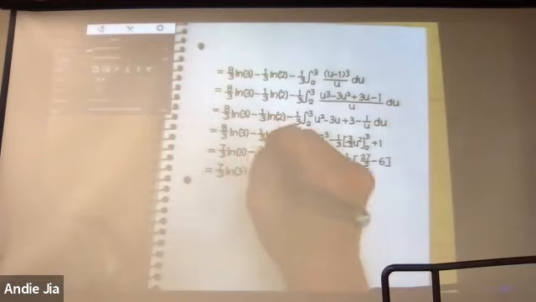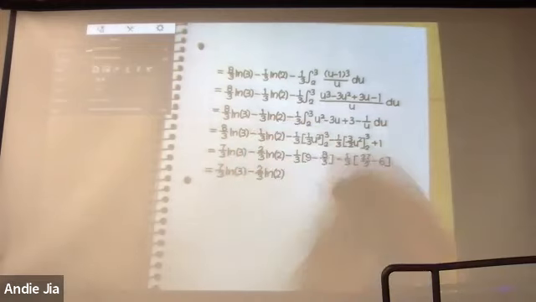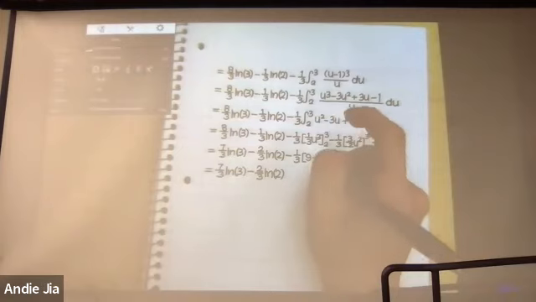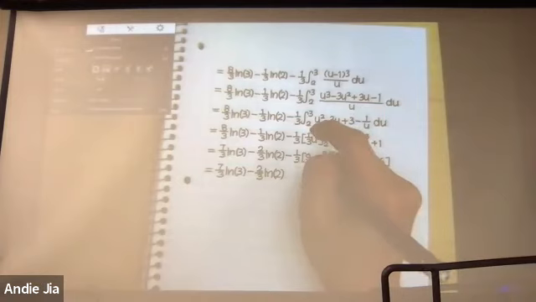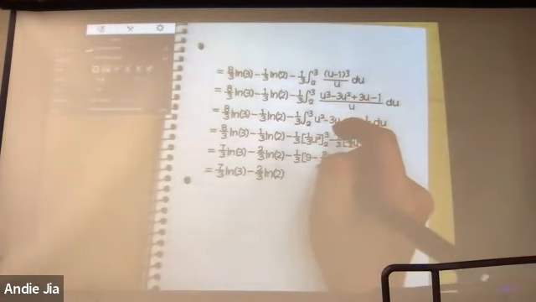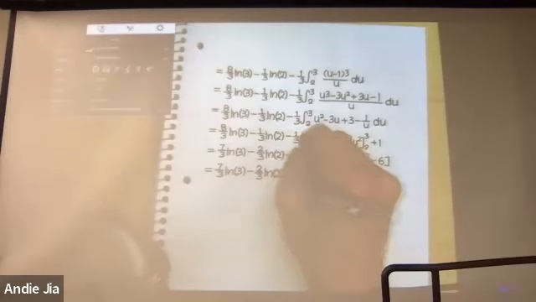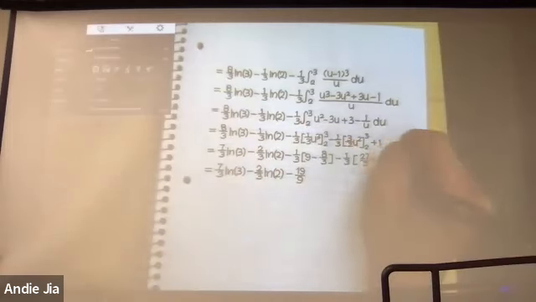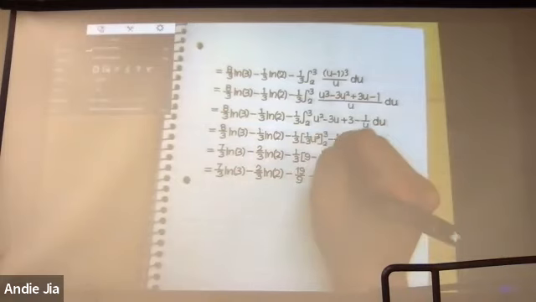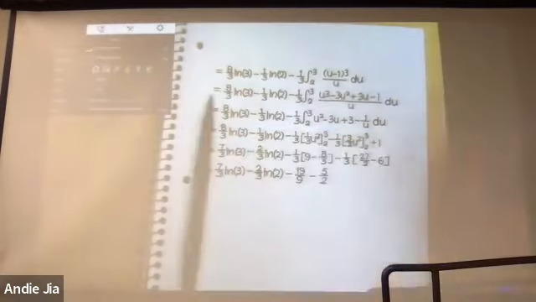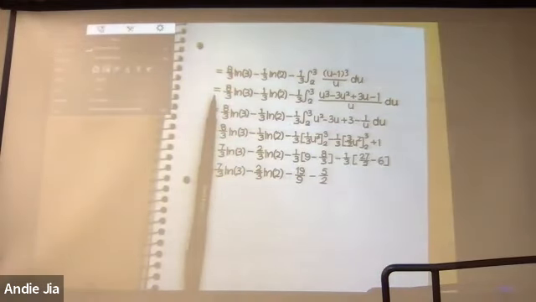Minus 2 over 3 natural log of 2, plus the constants. You don't need to simplify this because this is complicated.